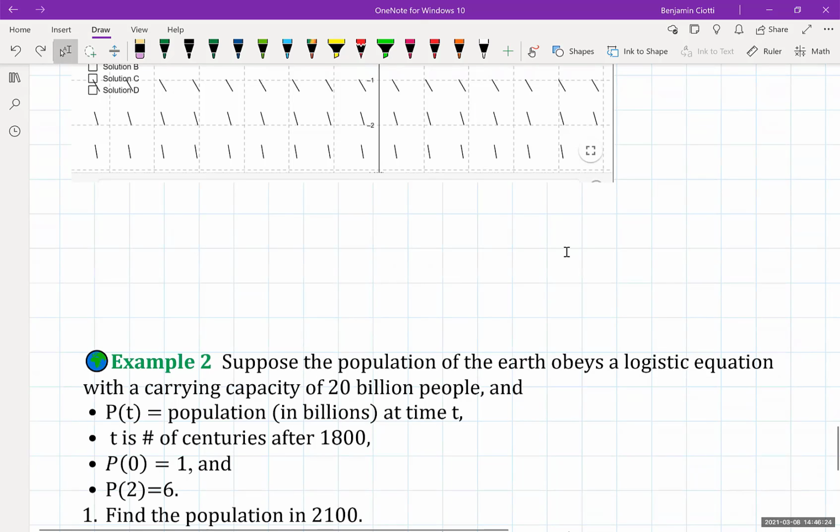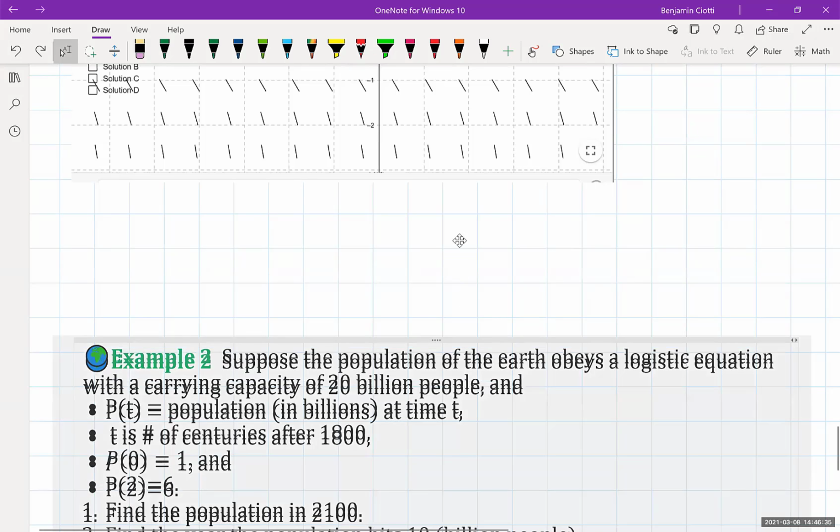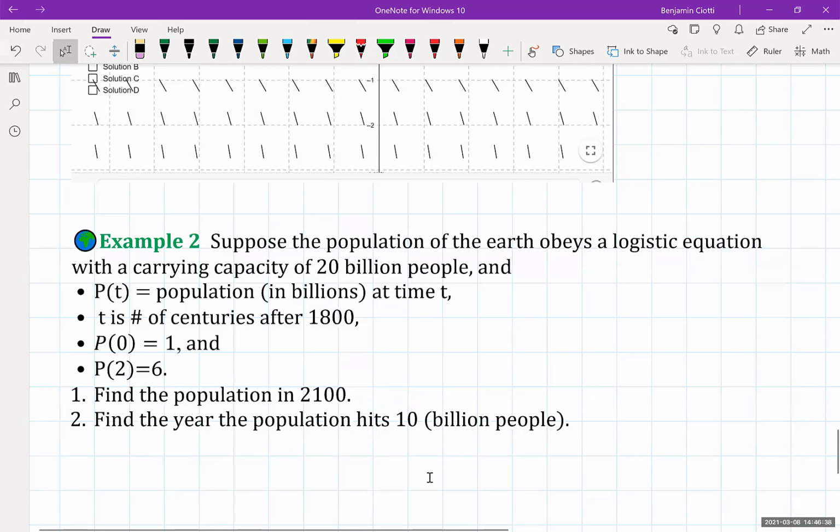So finally, let's see what happens on Earth now if we incorporate the logistic model. Because at the beginning of the class, I used the exponential growth model.